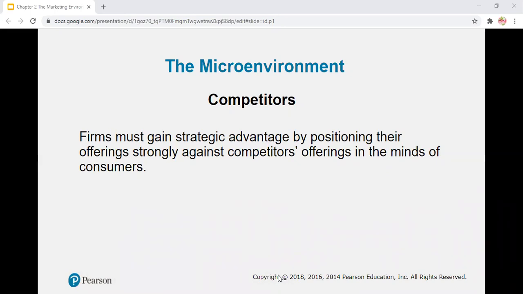So you must have this in your mind in the future, maybe when you want to have your own firm or your own website to sell things to customers. The first thing that you have to think about is the competitors.